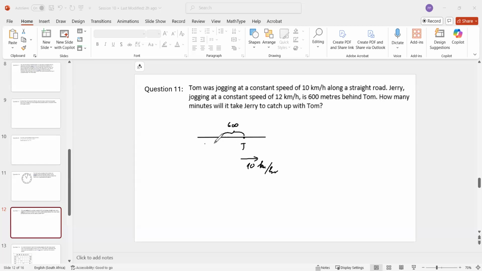So he is also jogging, is behind Tom and is traveling at 12 kilometers per hour. After how many minutes will Jerry take to catch up with Tom?